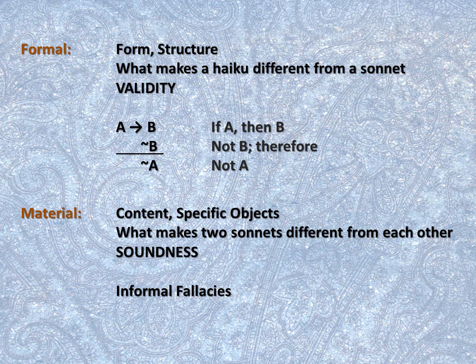Right? So all haiku are going to follow the exact same rules. All sonnets are going to follow the exact same rules, and it's by following those rules that they come to be the kinds of things that they are. So the knowledge you might have of what makes a sonnet is strictly formal knowledge. It doesn't give you knowledge of specific sonnets, it gives you knowledge of the structure of a sonnet.